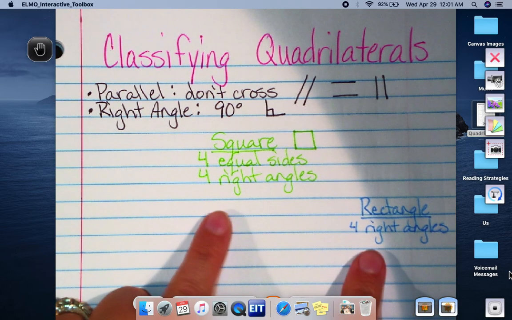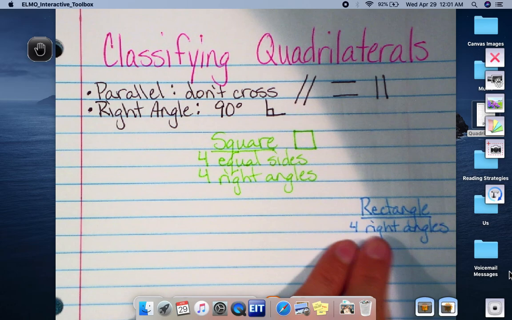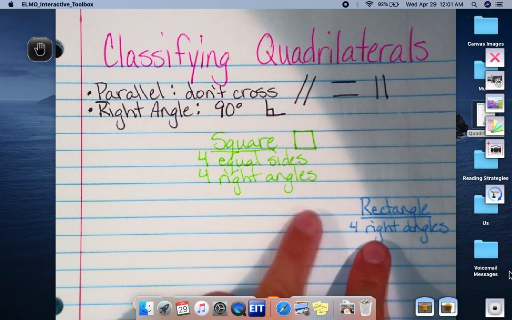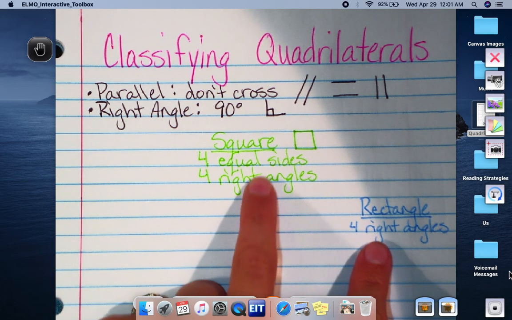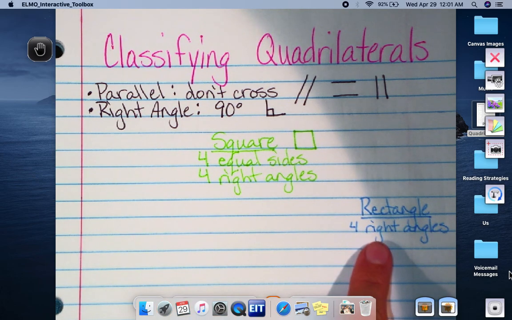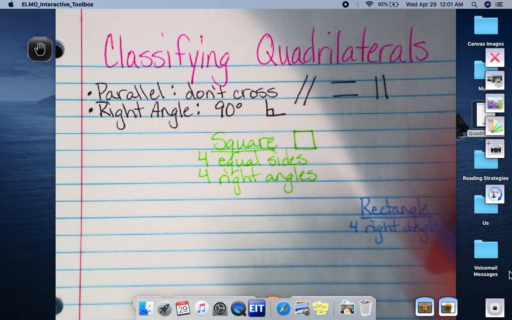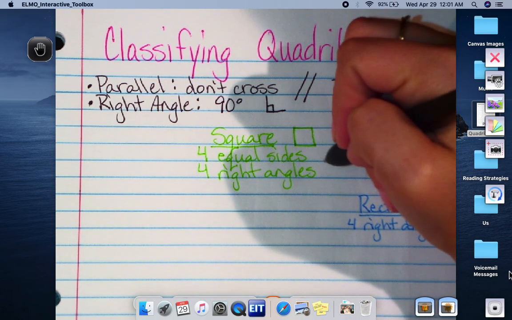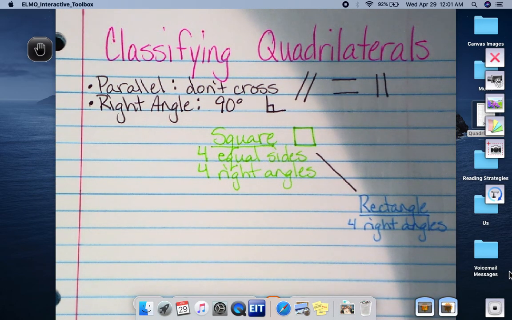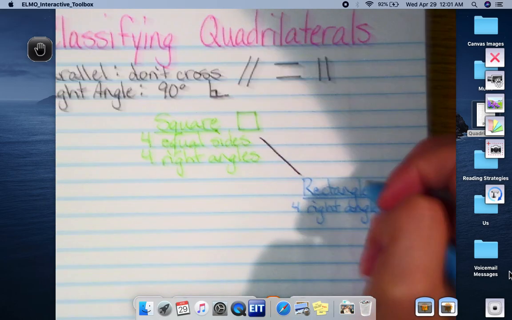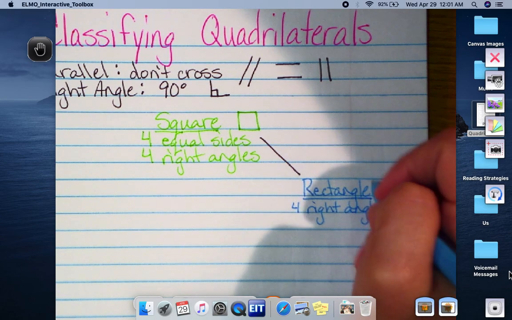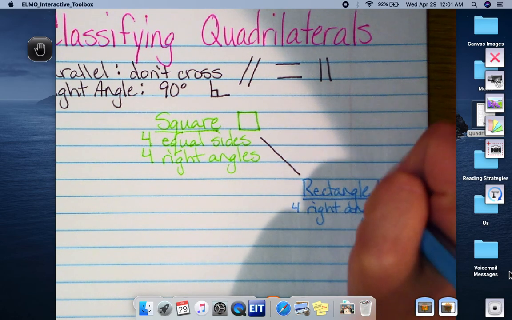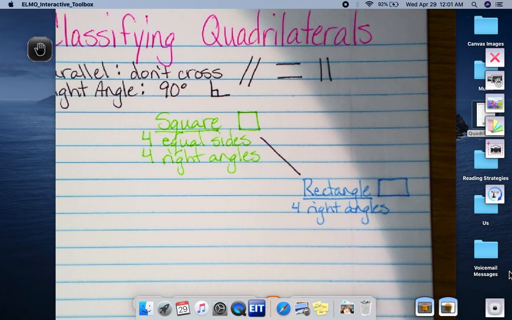What's different is that a rectangle has 4 right angles, but a square has that and 4 equal sides. So a square is just like a more specific version of a rectangle. And just in case you've been in quarantine too long, a rectangle looks like that.